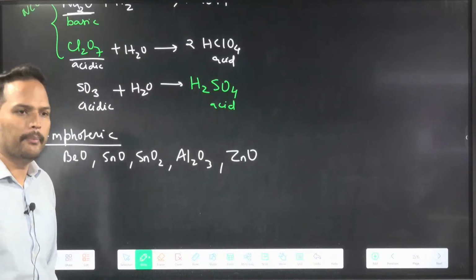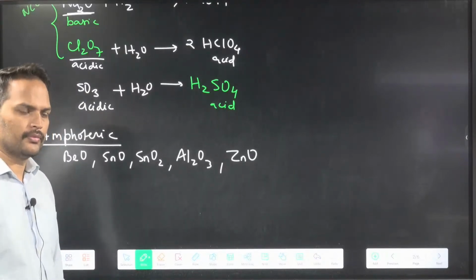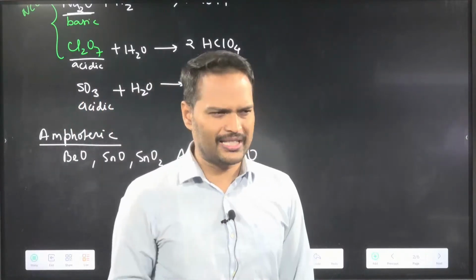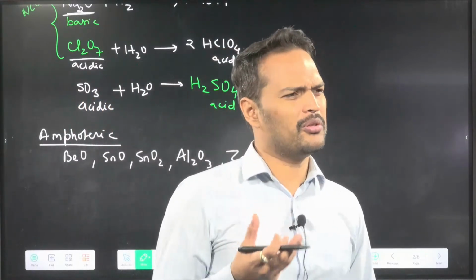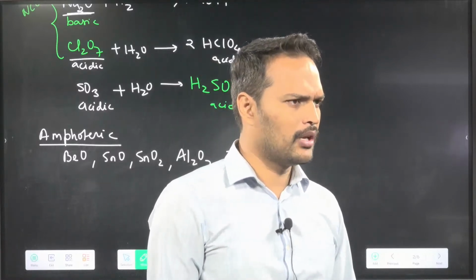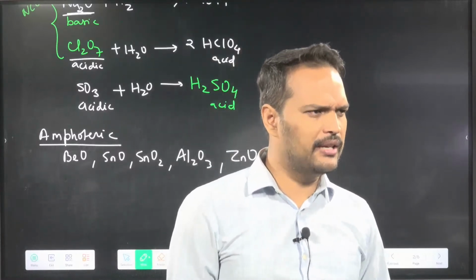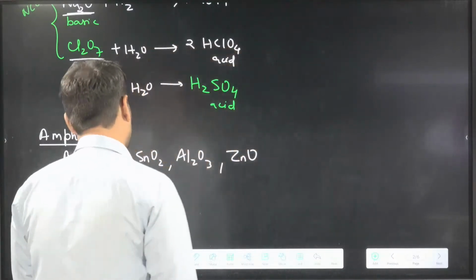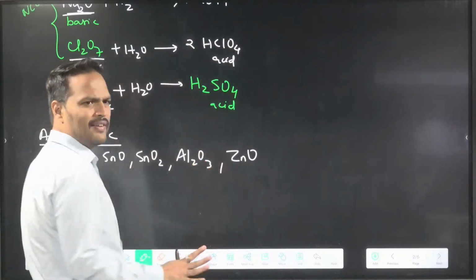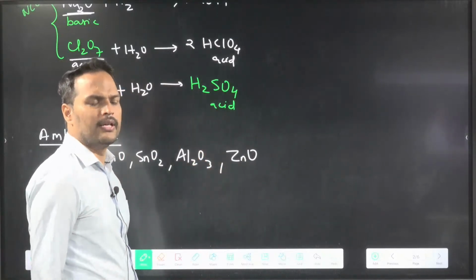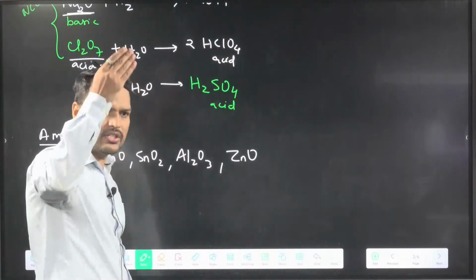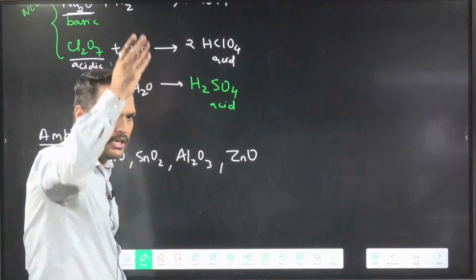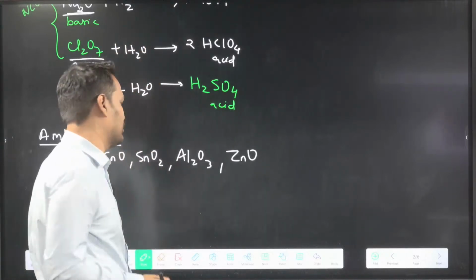Whatever we are saying for oxides, we can also say the same for hydroxides, so keep this in mind. I have written only 4 or 5 famous examples. The rest you will study in the p-block, when you study group-wise, like the boron family and carbon family.